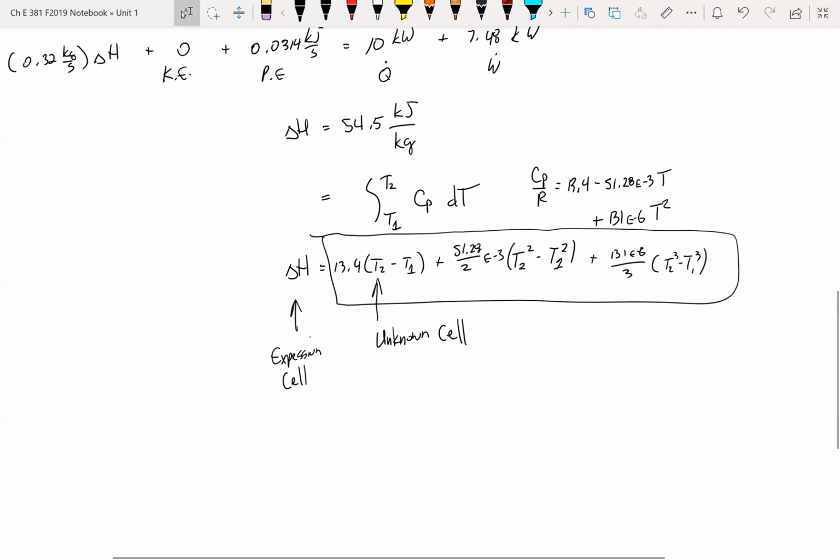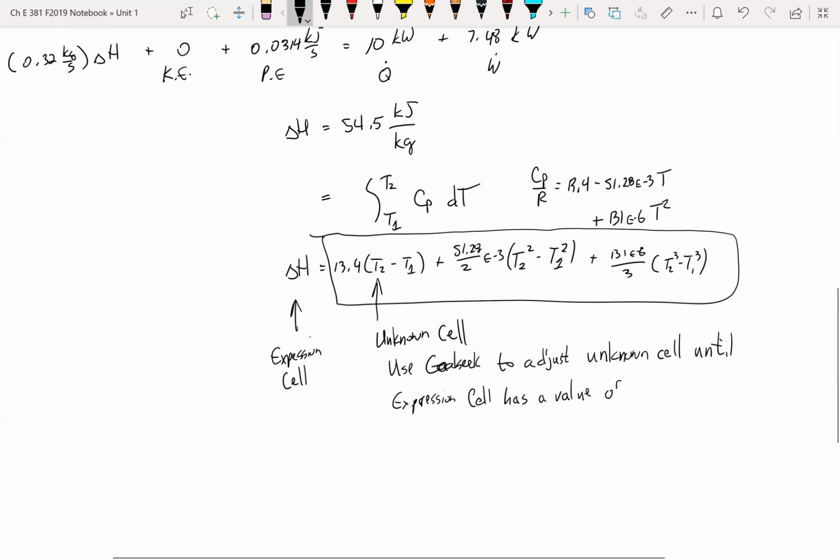And then you tell goal seek to adjust your unknown cell until your expression cell has a value of 54.5, because you know that's what it has to evaluate to. So that is a quick and easy way to do it.